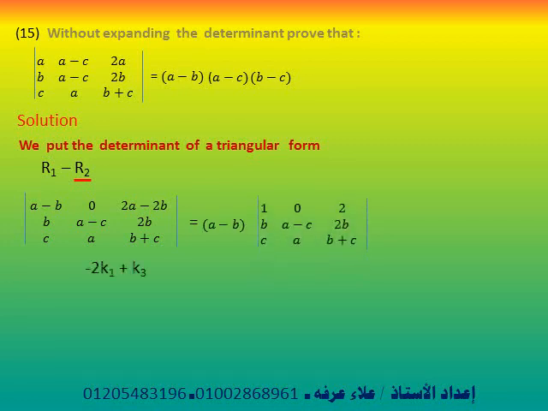We get row 1 as 1, negative 1, 0, row 2 as 2B, A minus C, 2B, and row 3 as C, A, B plus C.